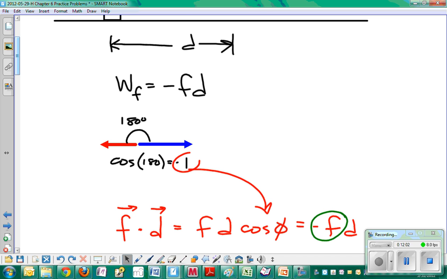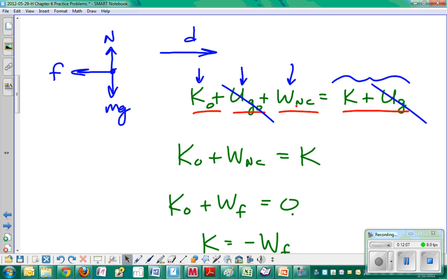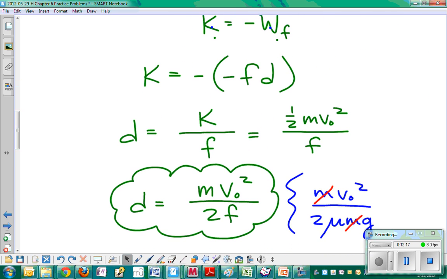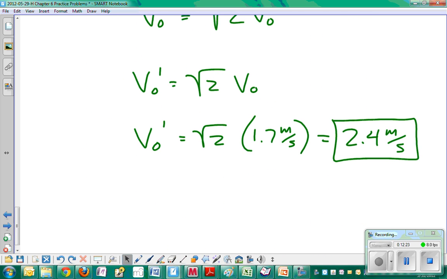So we set those equal to each other. We knew that there was no change in potential energy. So we said that the kinetic energy had to be equal to the negative of the work done. Once those were set equal to each other, we could get them in terms of distance and the frictional force. Okay? Final result, 2.4 meters per second.